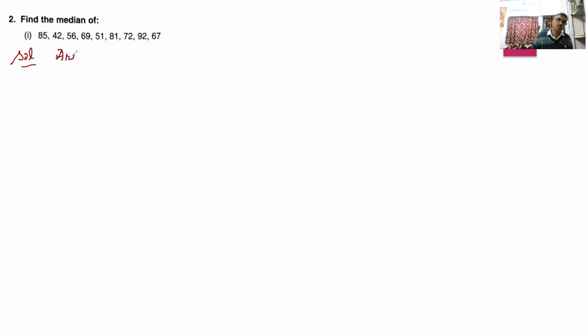Similarly, arrange the given observations in ascending order. First of all, which is the smallest number here? कौन सा smallest number है? Smallest number is 42. So first of all, we will write down 42.